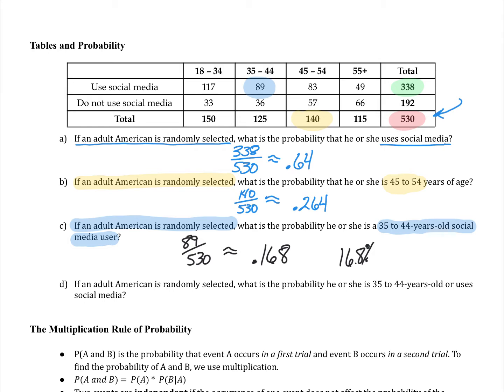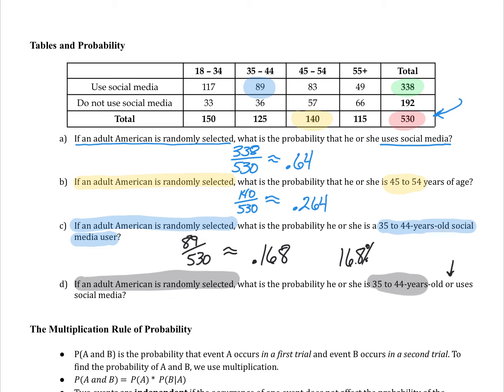Letter D, again, we are drawing from the population because it starts off by saying, if an American adult is randomly selected, what is the probability he or she is 35 to 44 years old or a user of social media? Now we use the word or. Or changes everything.